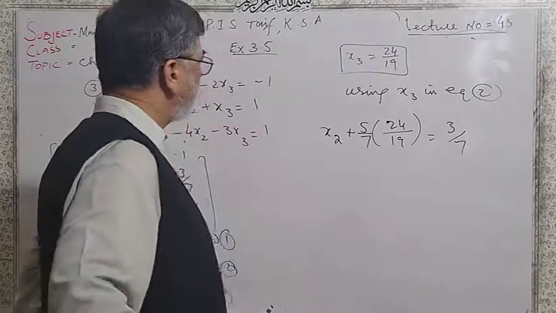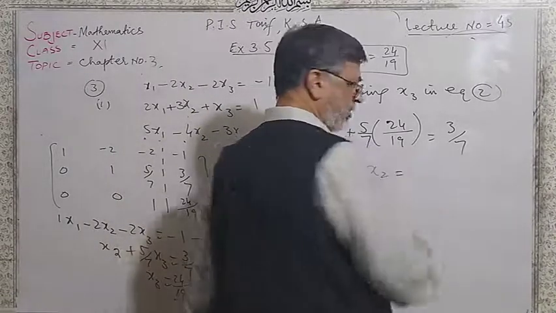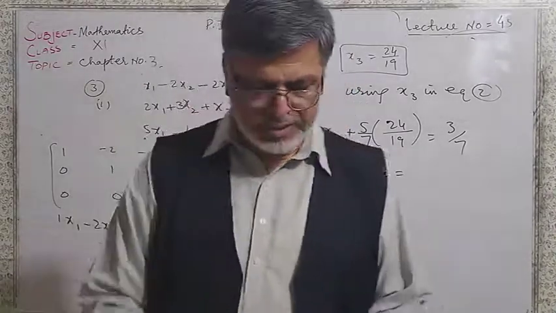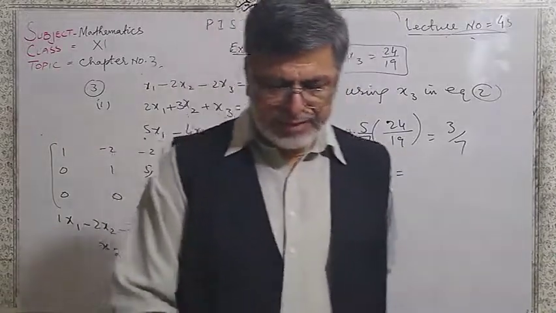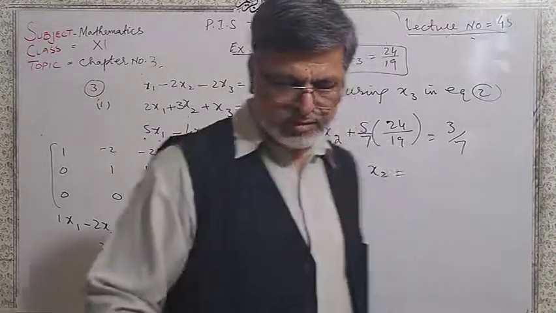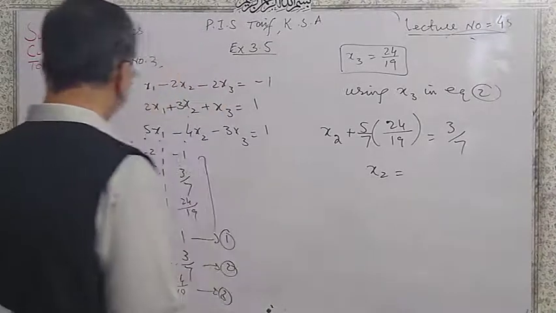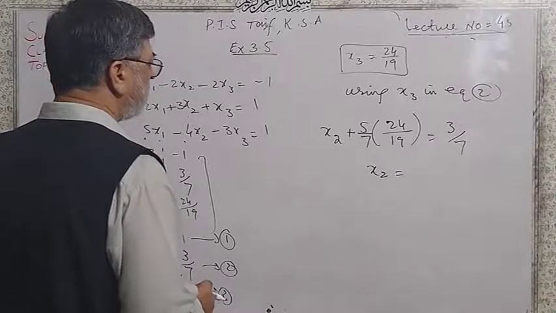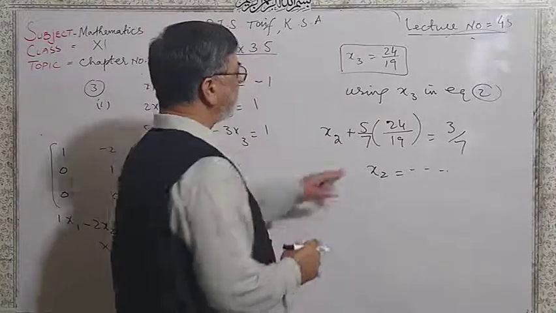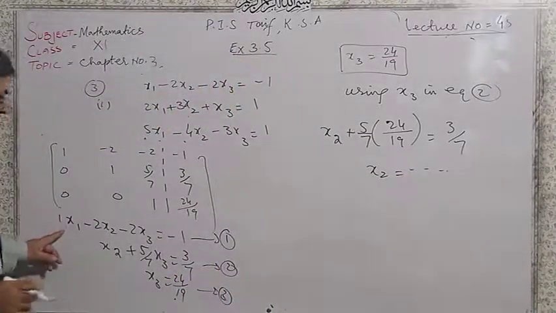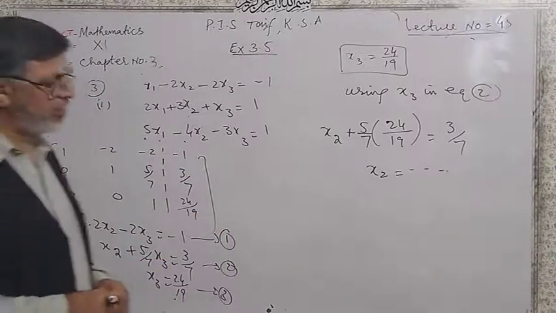After simplification, we can get x2 is equal to, dear students, you can check your answer. You can find the value by taking these numbers on the other side, then using the value of x2 and x3 in equation number 1, you can find your value of x1.